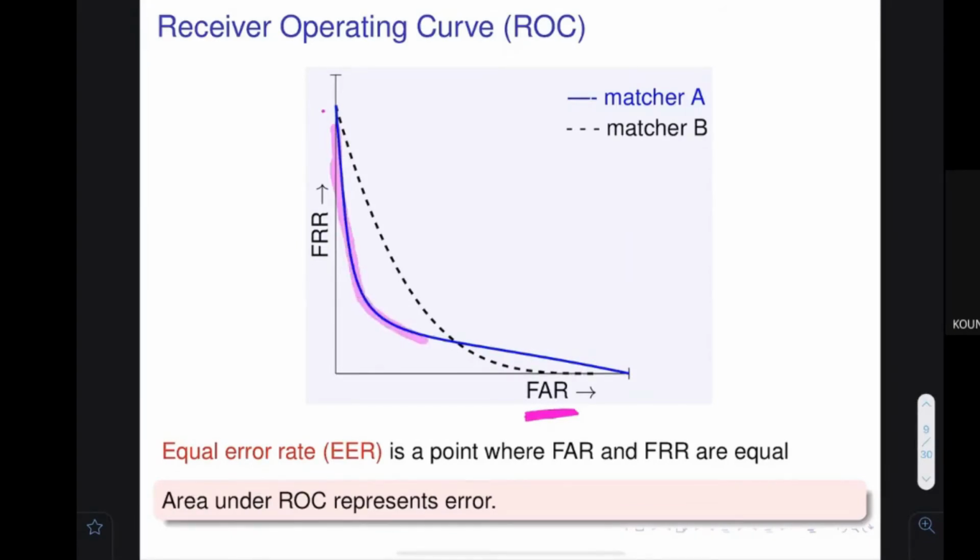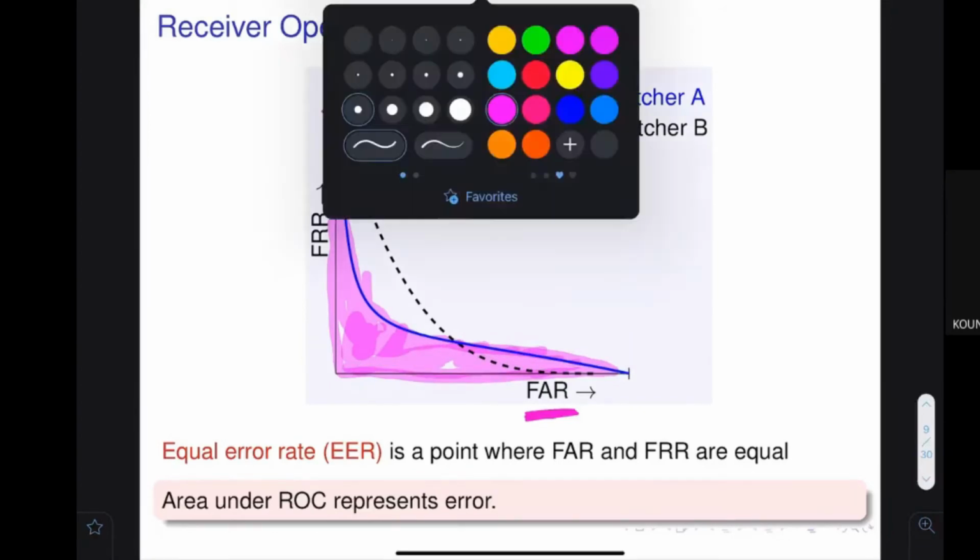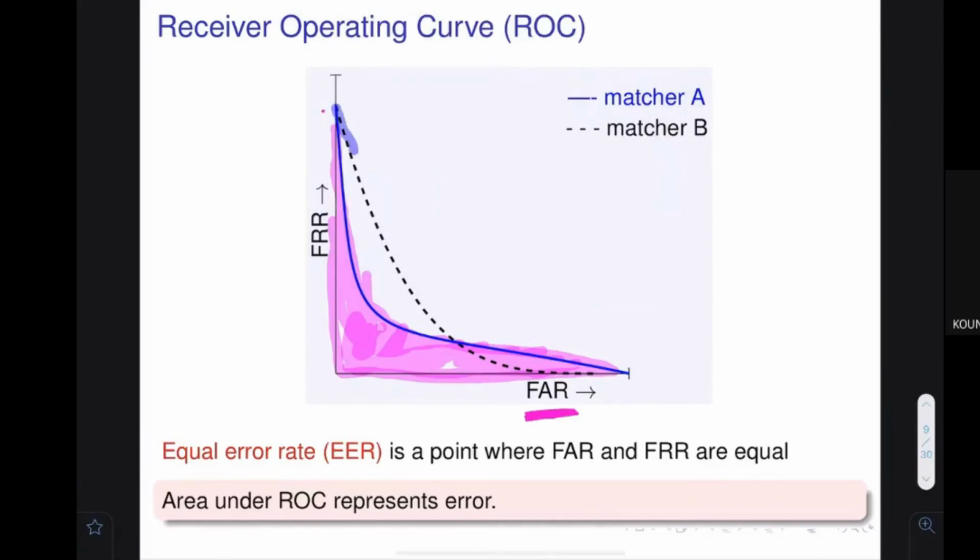So if two systems are there, the system having lesser area at that particular place would be a better system. Okay, if this is one system and this is another system, then the error for this particular system is this. So which is the better system?